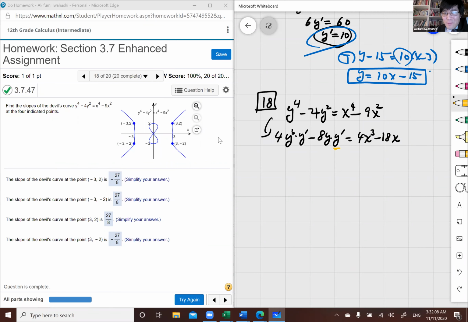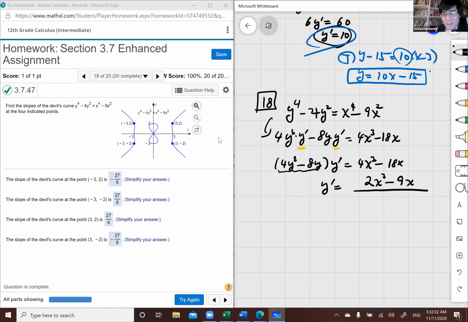This is a kind of simple expression, so maybe we can just solve for y dash this time. So it's (4y cubed minus 8y) y dash is equal to 4x cubed minus 18x. Divide both sides by this to solve for y dash. You can simplify top and bottom by 2 to get (2x cubed minus 9x) over (2y cubed minus 4y).